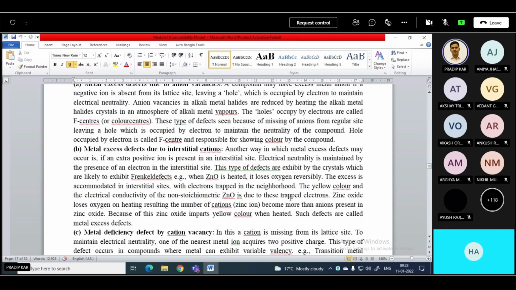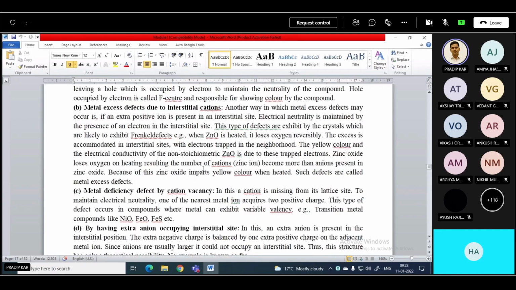Zinc oxide loses oxygen on heating, resulting in the number of cations becoming more than the anions present in the zinc oxide. When we are heating, zinc oxide loses oxygen, but the electron is present, and that is why the extra cation is present in an interstitial position. Okay, such defects are called metal excess defects.